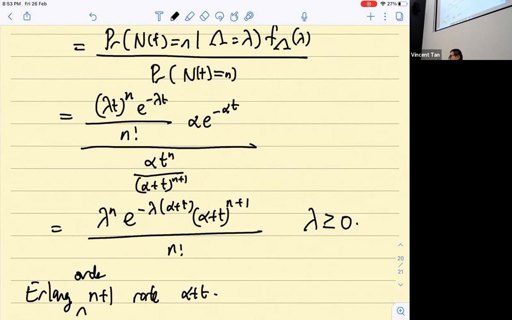Then you are wrong. No matter what you do, when I ask you to derive a distribution, you check that it adds up to 1. I already checked in my head that this adds up to 1, because this is Erlang of order n plus 1 with a certain rate. So it is correct, or at least it's not wrong.